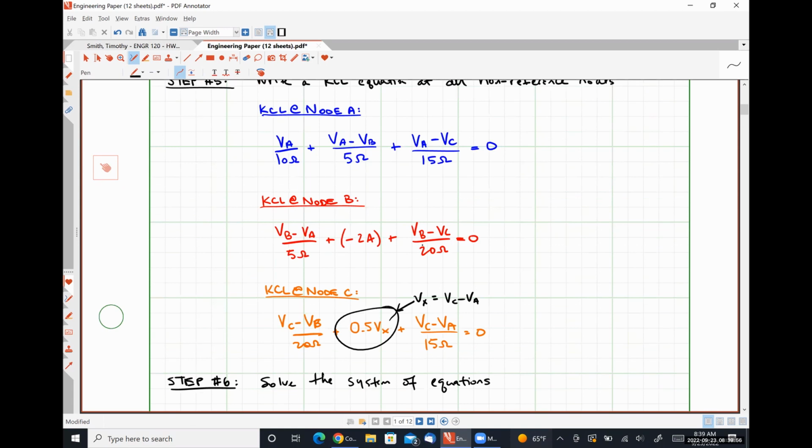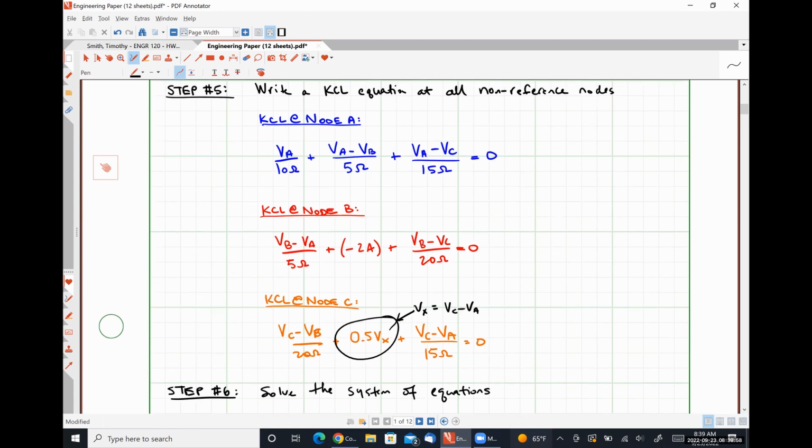Now, let's move along to KCL at node C. So what's our coefficient for VA? Exactly right. So when we make that substitution in, that 0.5 is multiplied by a factor of -VA. So we're going to have -1/2 minus 1/15 for VA.